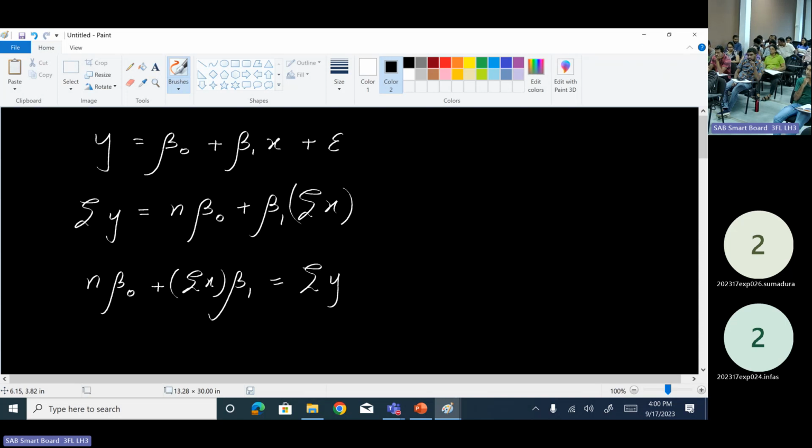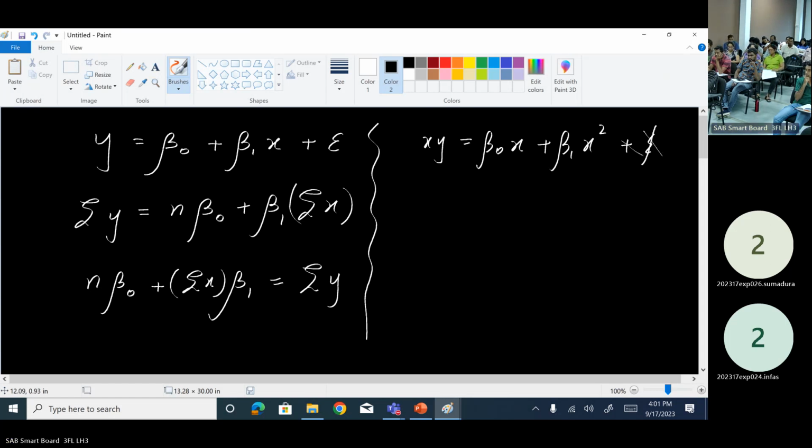Then we need to develop another equation. What we did was multiply this equation by x. So we got xy equals beta naught x plus beta 1 x squared plus the error term. We'll remove the error term, that's easy.